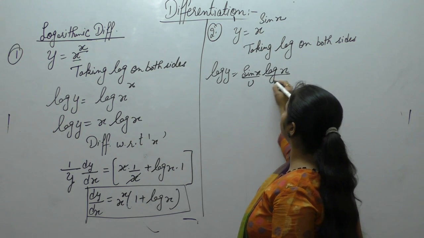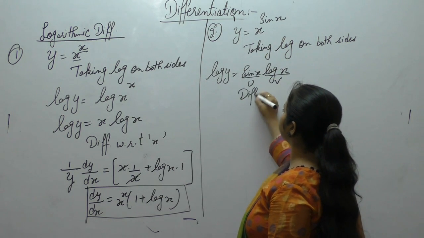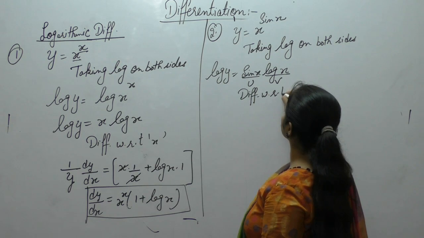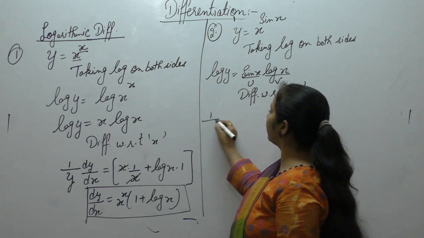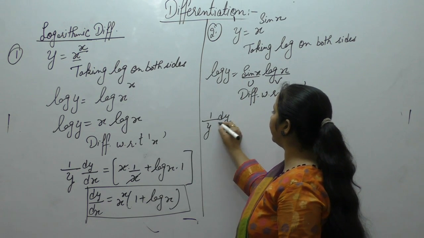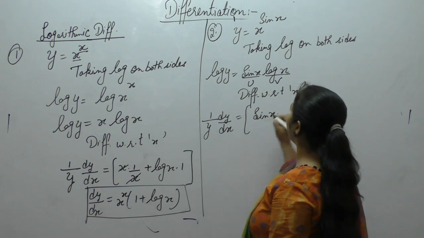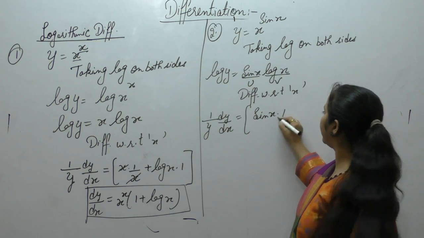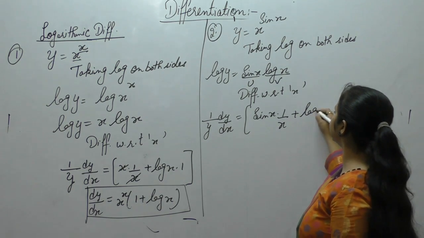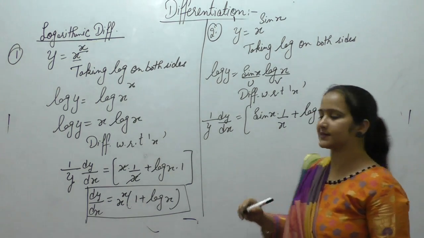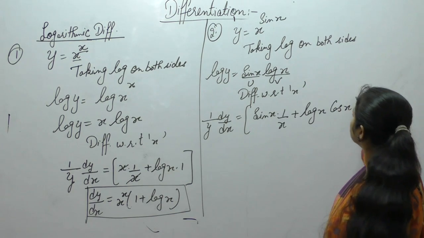Here u into v rule, differentiate with respect to x. Derivative of log y, 1 upon y, dy upon dx. First function as it is, derivative of log of x, 1 upon x, plus second as it is, derivative of sine x is cos of x.